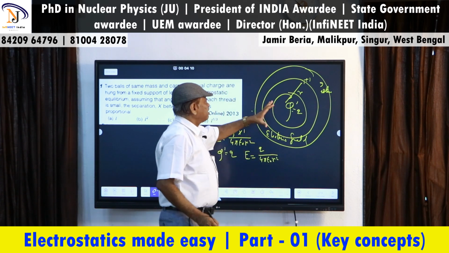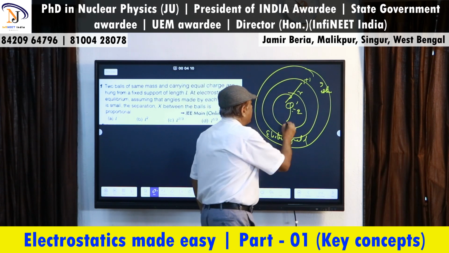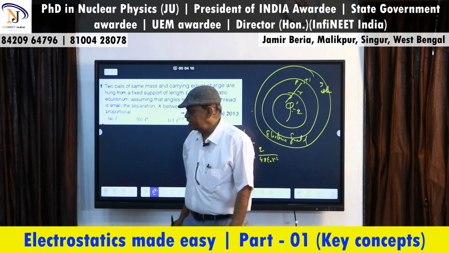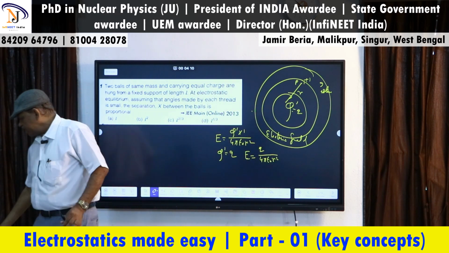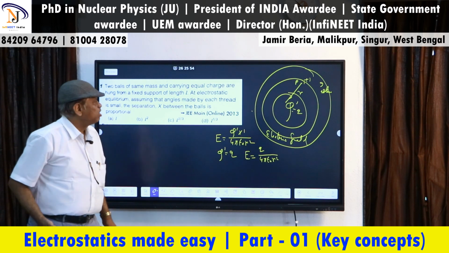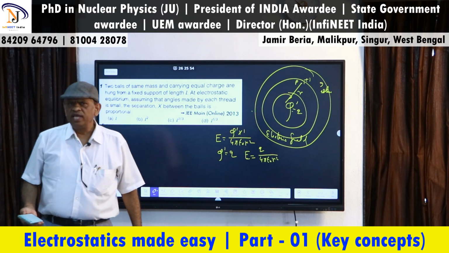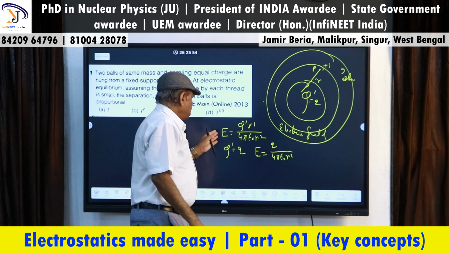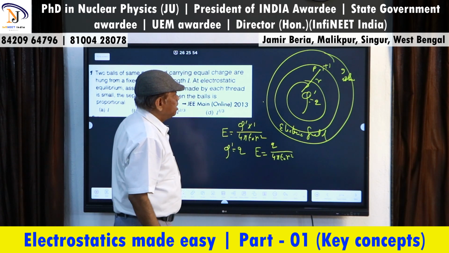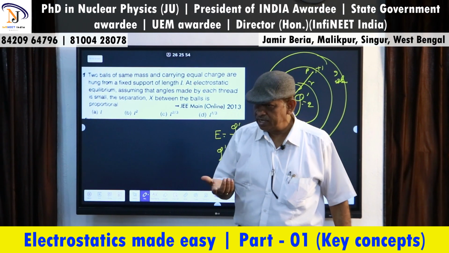This is the force. When a unit positive charge is kept at a point P, then the force realized by it is called electrical field intensity. Now this is E equals to this one. Okay, clear? This is the force realized by unit positive charge. It's called intensity.